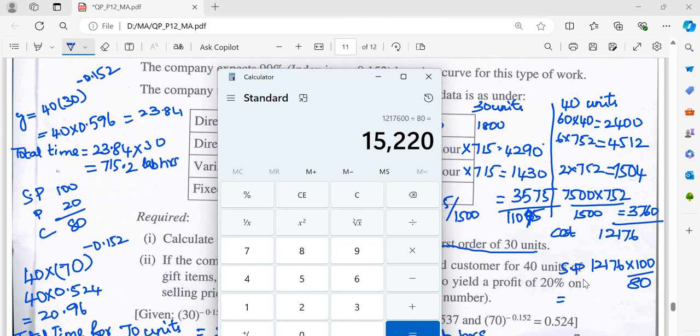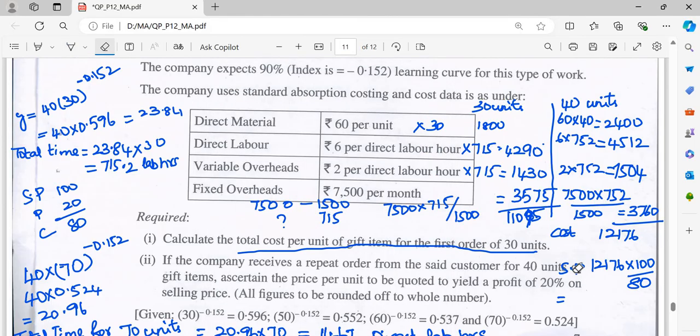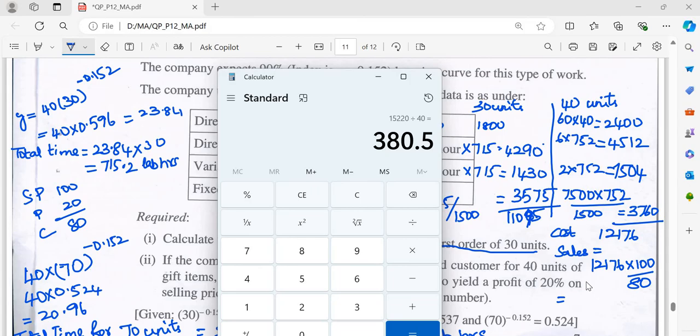This is total sales, right? So divided by 40. So 380 rupees so I can fix. So sales 15,220.